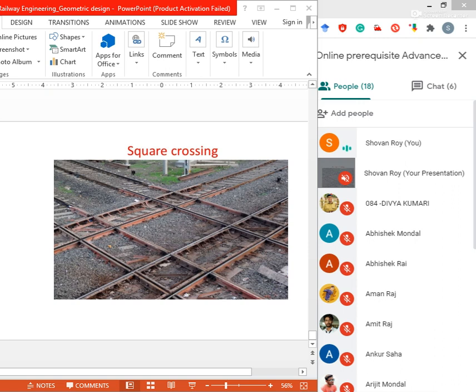Now, classification of railway station. I have one picture, just wait.